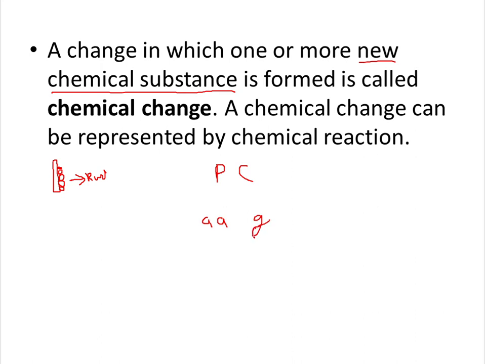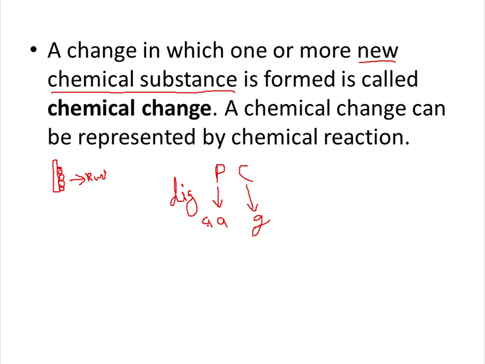So in this process, what happens? The protein is converted into amino acid and carbohydrate is converted into glucose. This is digestion process, right? So here new substance is formed. So digestion is a chemical change.